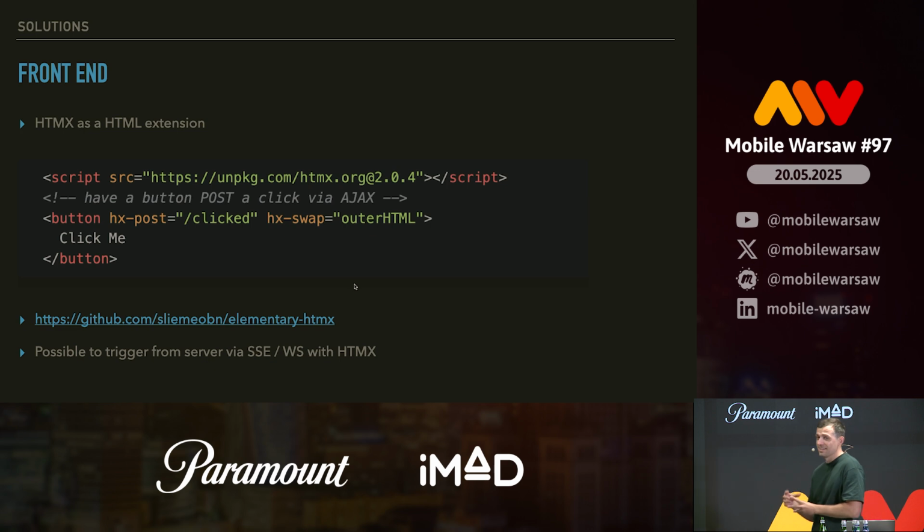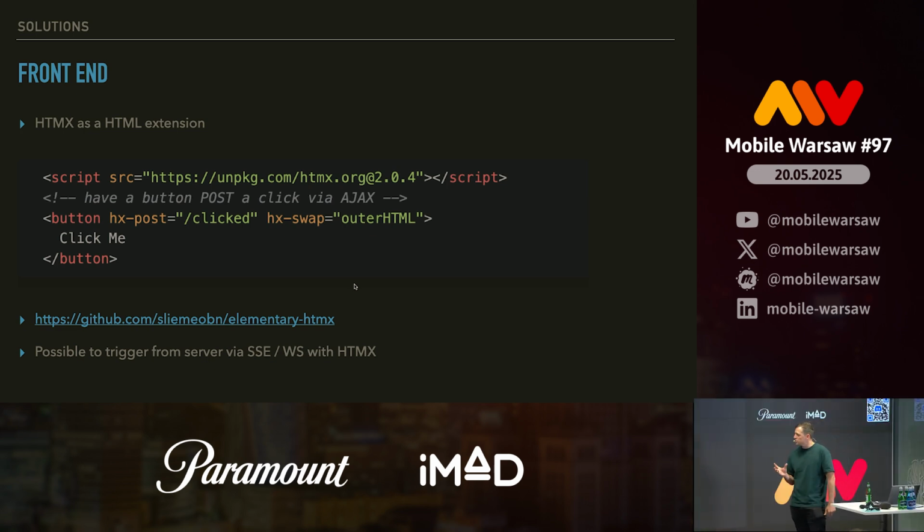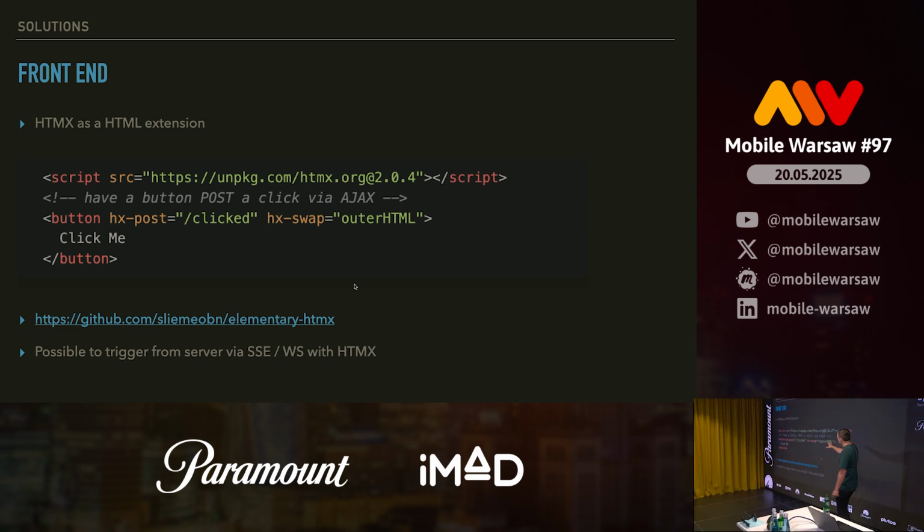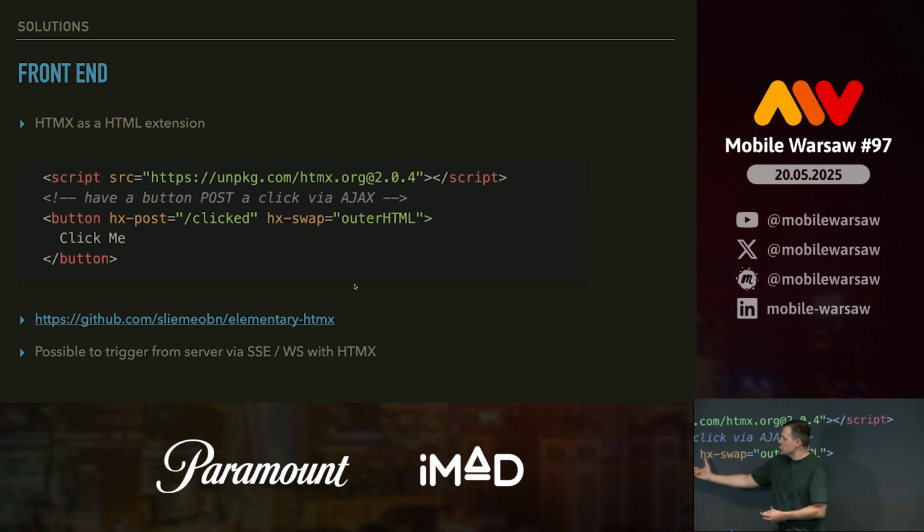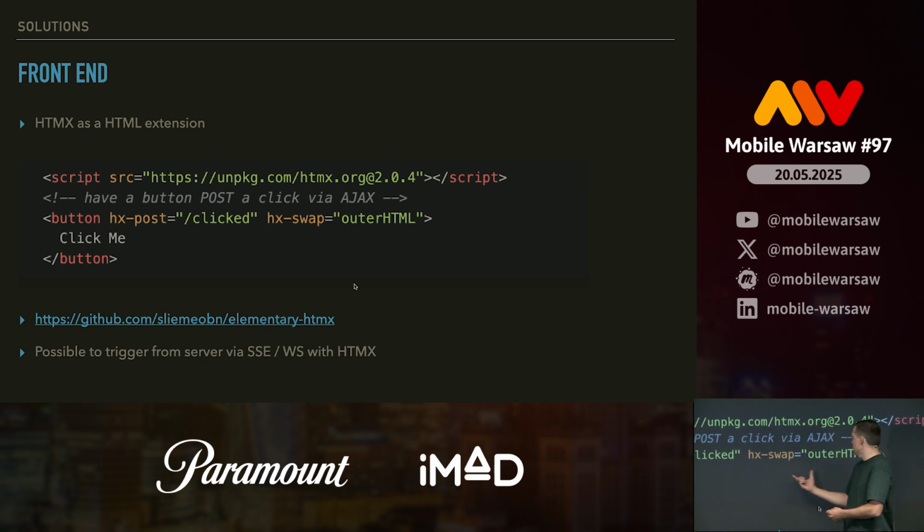So what is it? It's like an extension to HTML. It feels so natural that's why it clicked for me. When you have a button in HTML and you want to have a link, you add an attribute and you put some address, and then you click it, and the web browser goes where you want to go. HTMX is an extension of that, and you can add to any HTML element what the action is that should trigger the event, and what should be the reaction.